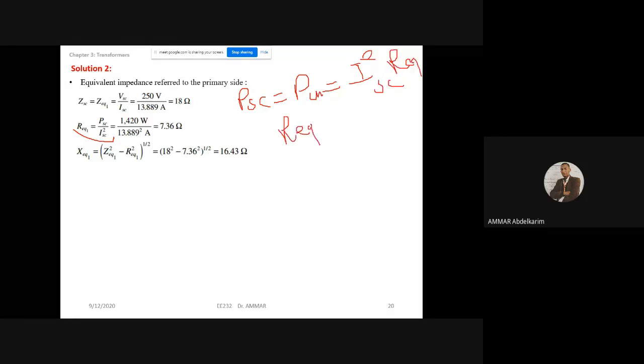Then R equivalent equals to the short circuit power over I short circuit square.